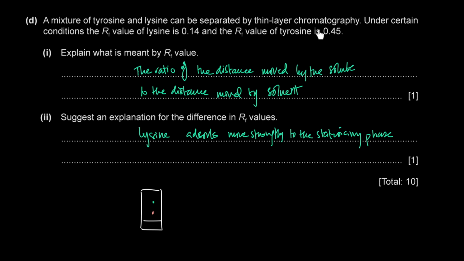Similarly, the other factor that affects the distance is how soluble it is, or how strongly it's attracted to the solvent. Something that's more soluble in the solvent will travel a greater distance. So we can also say that tyrosine is more soluble in the mobile phase, that's your solvent. So you can say lysine adsorbs more strongly to the stationary phase, hence it's traveling a shorter distance. Or we can say tyrosine is more soluble in the solvent, that's the mobile phase, hence it's traveling a greater distance.